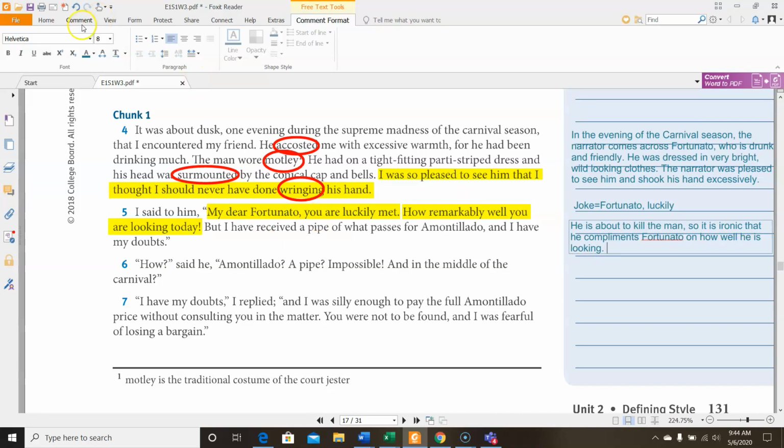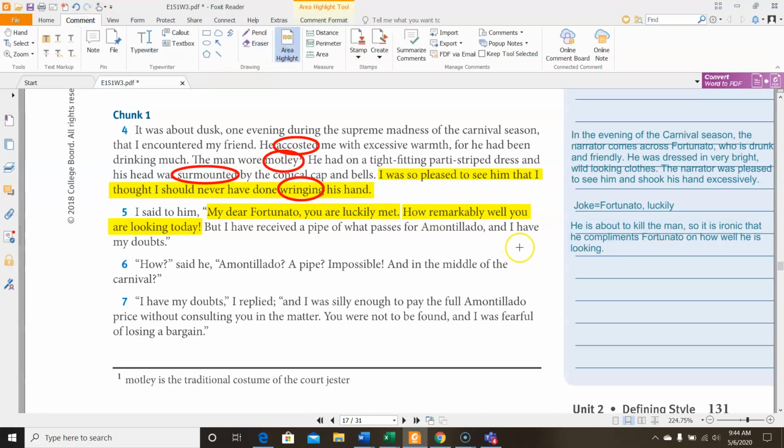And then he says, I have received a pipe of what passes for Amontillado, and I have my doubts. And that's kind of ironic because this man already told us that he has just as good of skills as Fortunato when it comes to telling wines apart.